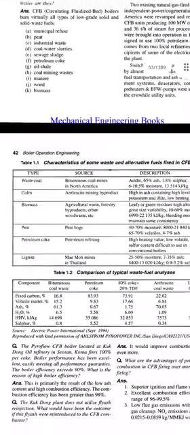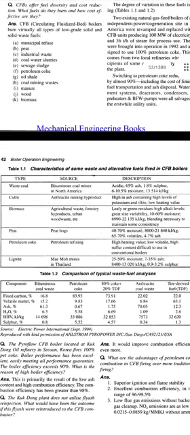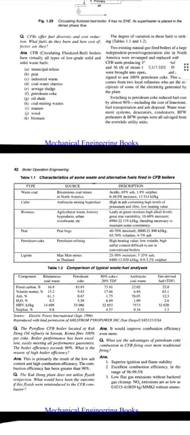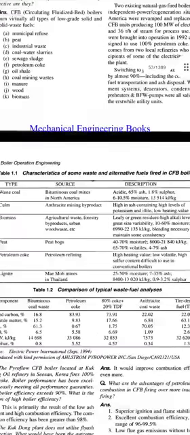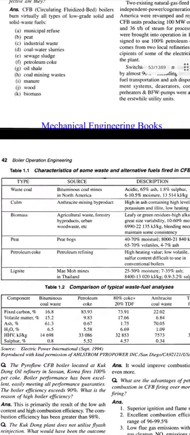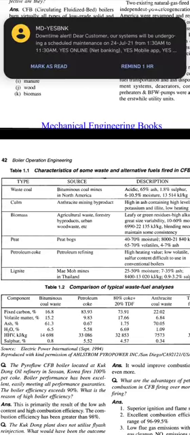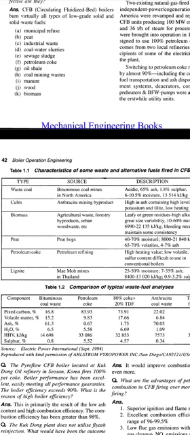And here we can see the comparison of typical waste characteristics of some waste and alternative fuels fired in CFB boilers. The waste coal source is bituminous coal mines in North America.